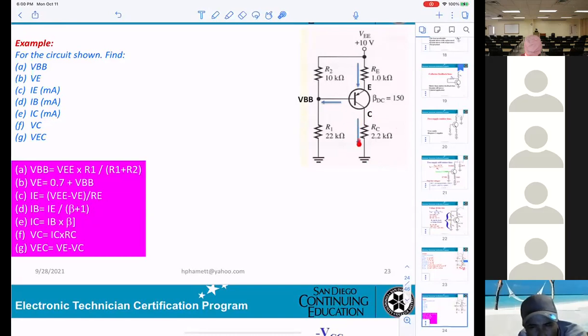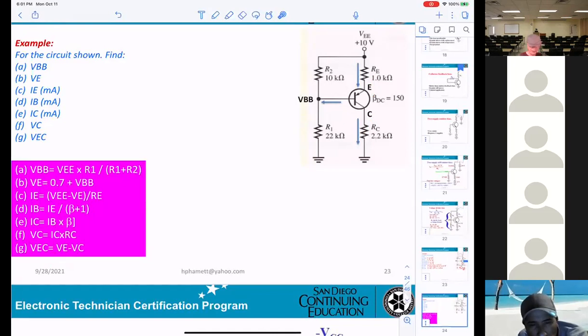You already have the current IC right here. Then VC will be equal to IC times RC. And if you want to calculate the voltage from E to C, VEC, it will be equal to VE minus VC. You already know VE. You already know VC. That's why you're able to calculate the VEC.